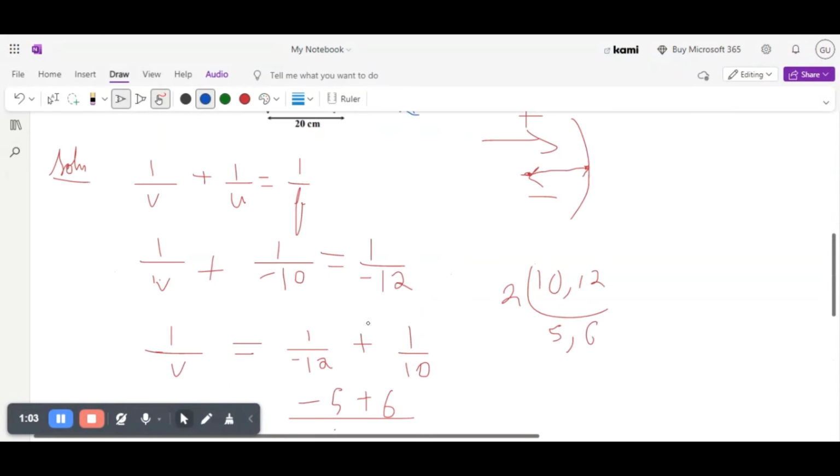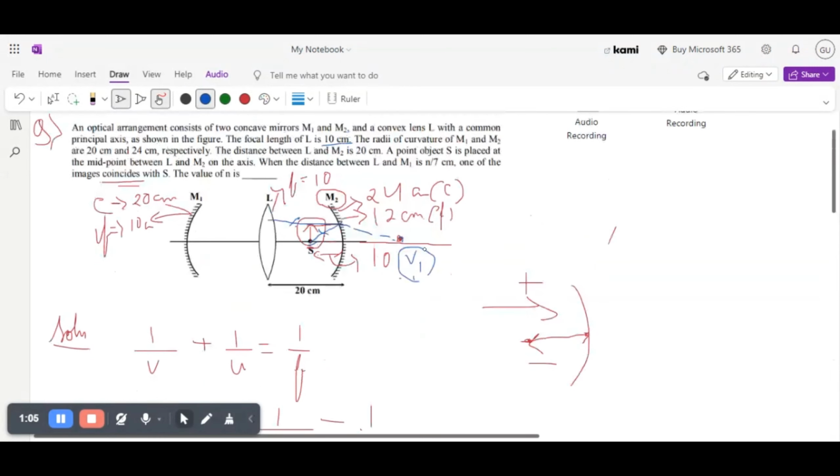So what will be the U? U here is, remember, this whole distance is 60 centimeters. We found that. Then 60 plus 20, 80 centimeters.